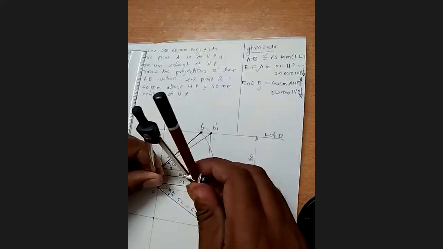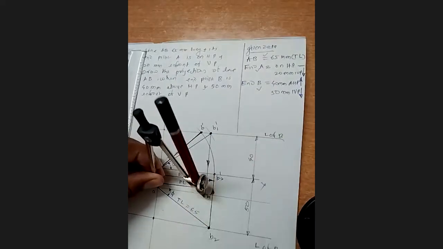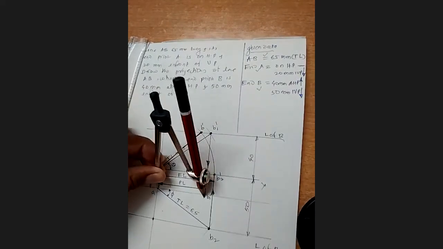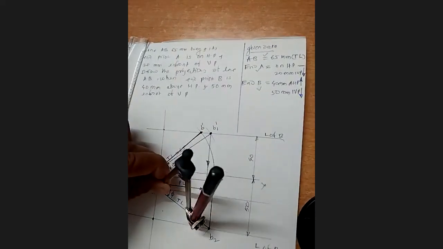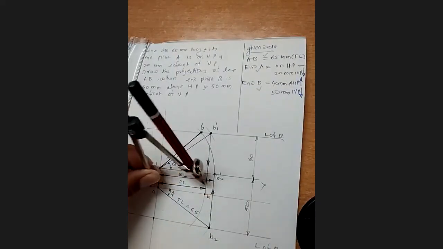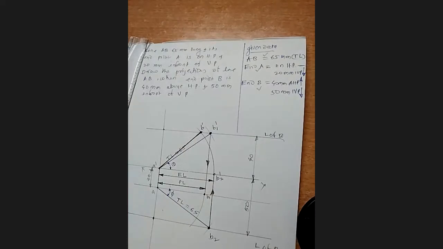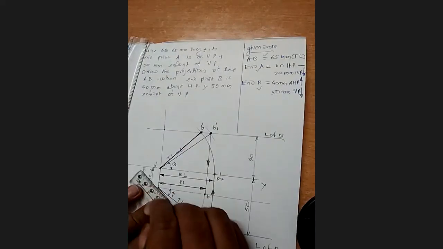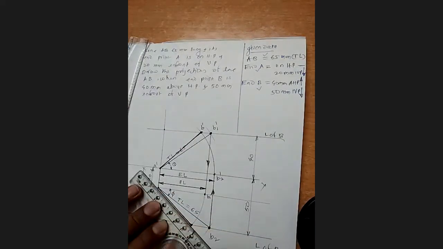Then take the PL distance in the compass. PL, this distance. Okay. And draw an arc. And you want to join this point with A. Okay.